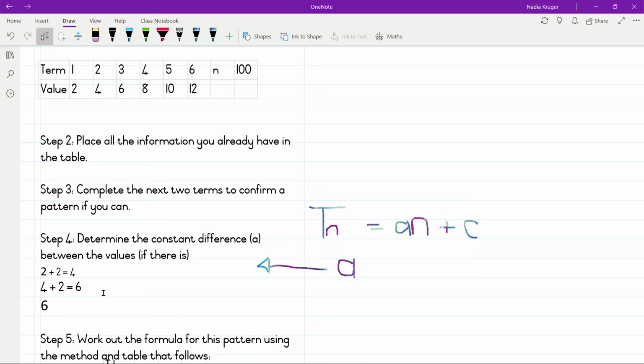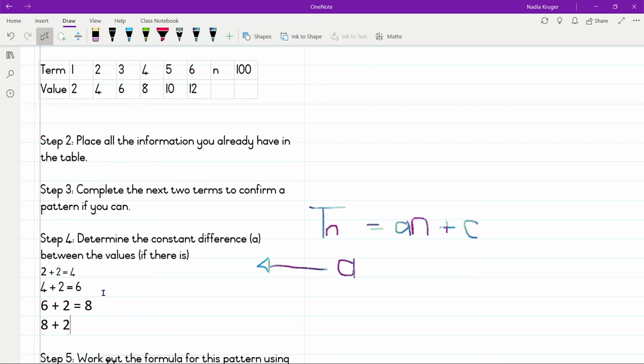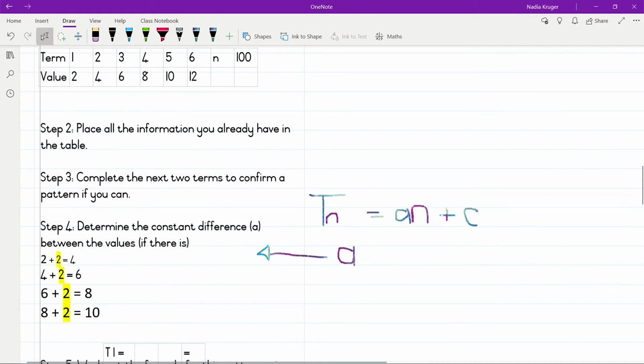If we continue this, we go to 6 plus 2 should give us 8. And 8 plus 2 should give us 10. So we can see that our constant additive, whatever we are adding here, is constantly a 2. Okay, A is 2. A is our constant difference, which is 2.